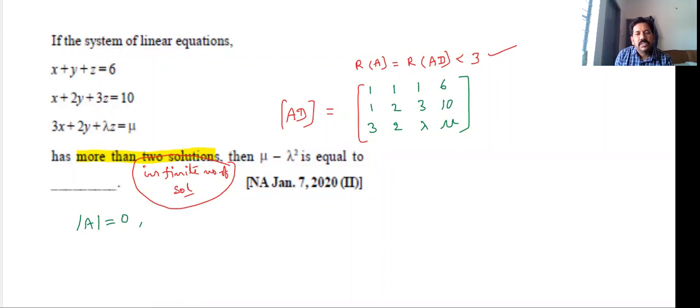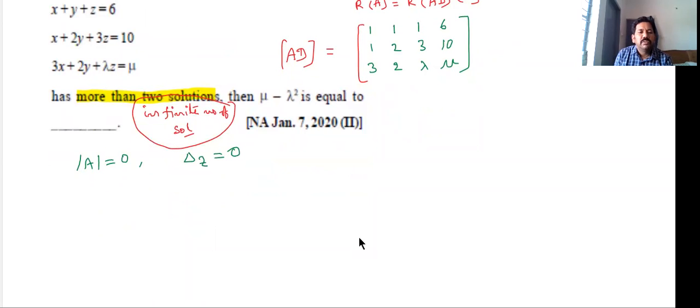In this case, we will say that delta Z is also 0. This is a shortcut method. Using these conditions, we get the answer easily.